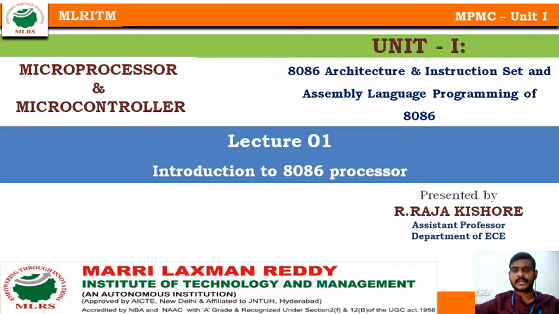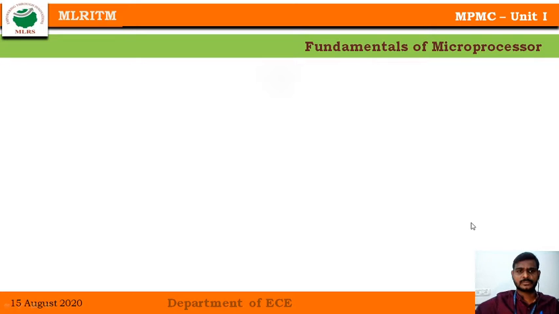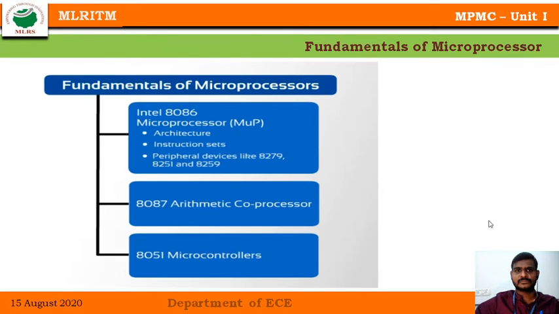I am going to walk you through a fairly detailed program on understanding the 8086 microprocessor. What I'll cover is a little bit of the fundamentals of the microprocessor. In general, we will quickly go over what a processor is, the architecture of the 8086 microprocessor, the instruction set, and peripheral devices like the 8279, 8251 and 8255 and so on.